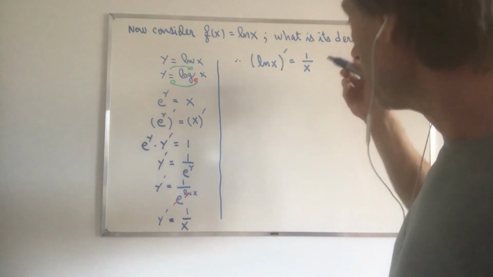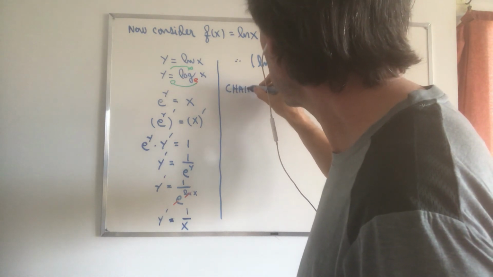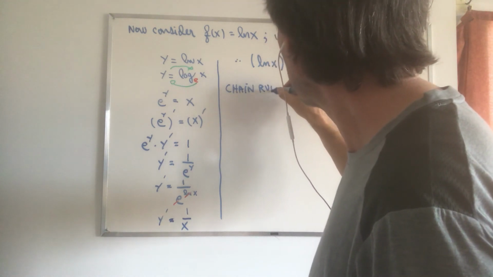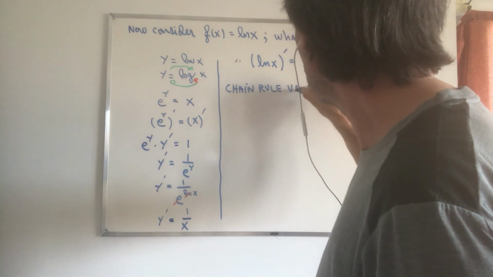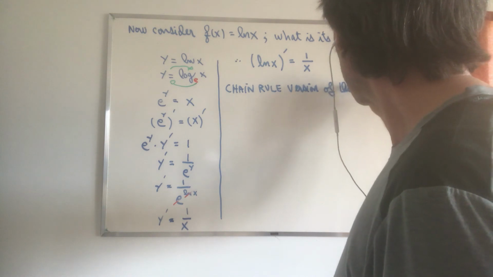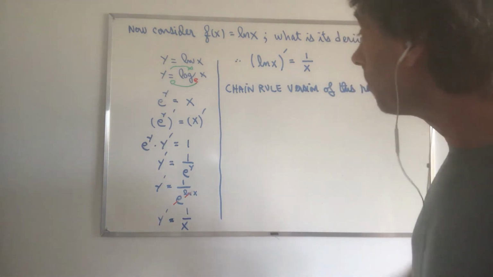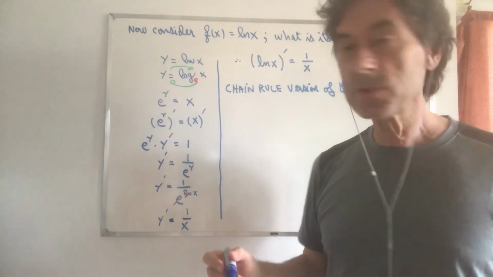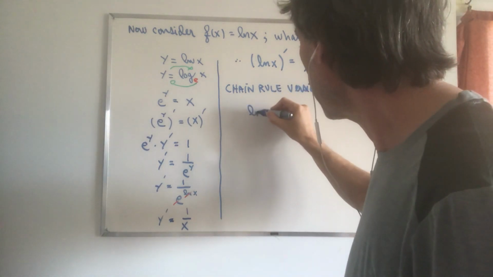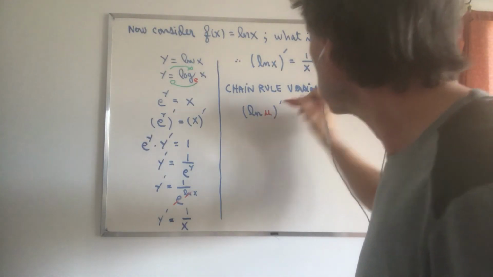Interesting one, but basically we can tag along the chain rule version of this rule. What is the chain rule version of this rule? Well, we need to replace x with u. And as you probably know, whenever we do this, this remains.